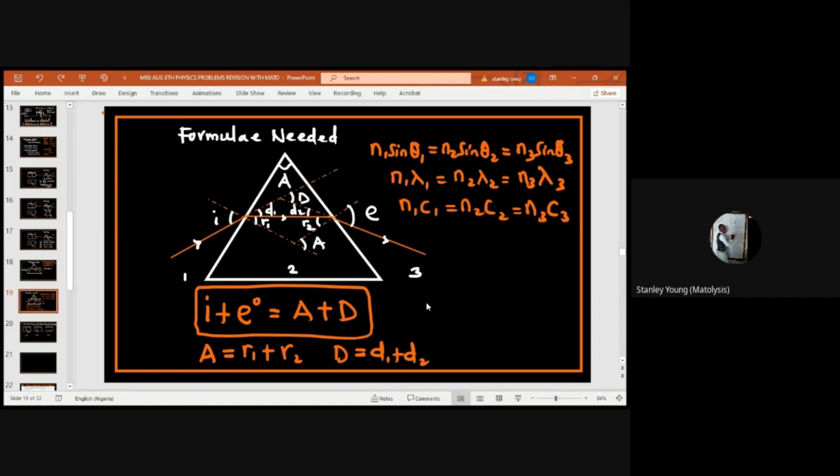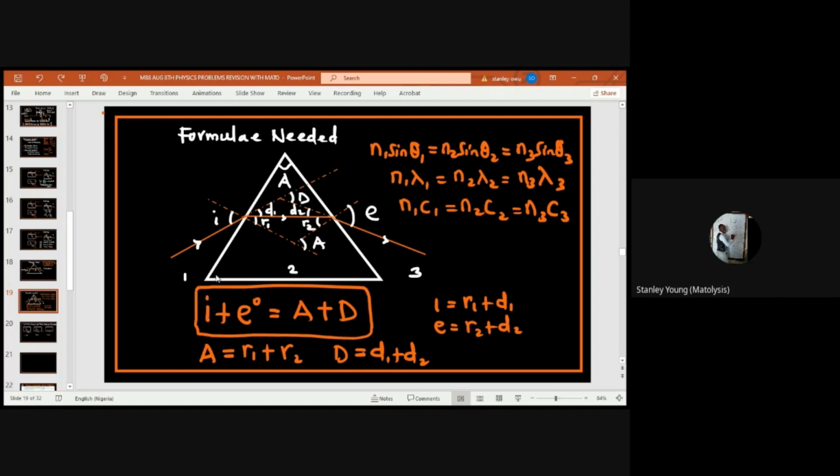So I equals R1 plus D1. And again, E equals R2 plus D2. In fact, from here, you can easily tell why this particular equation came to life.